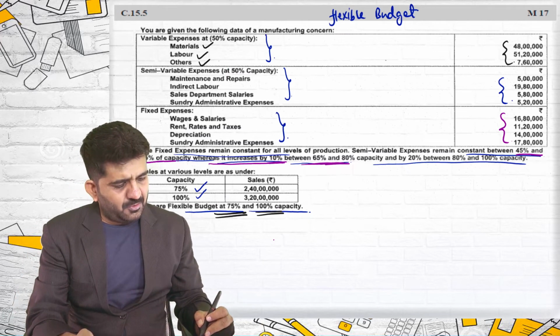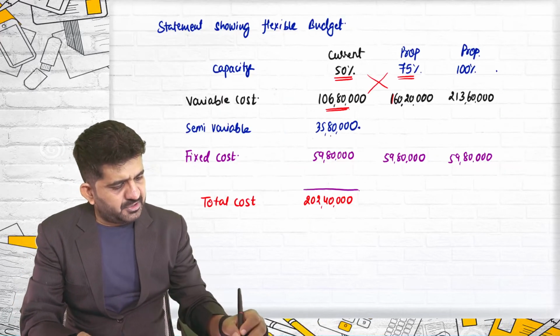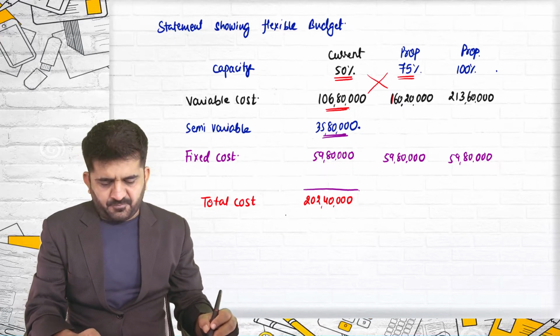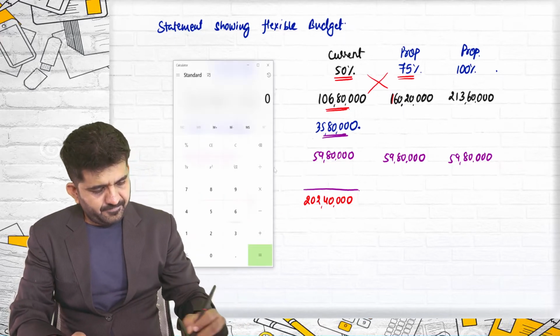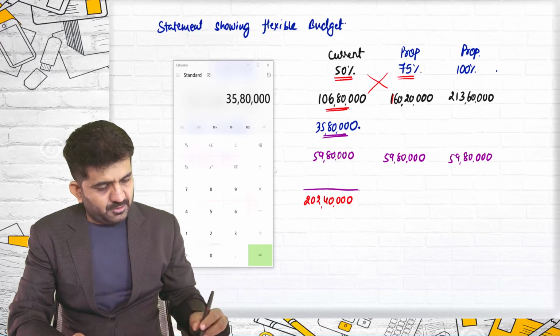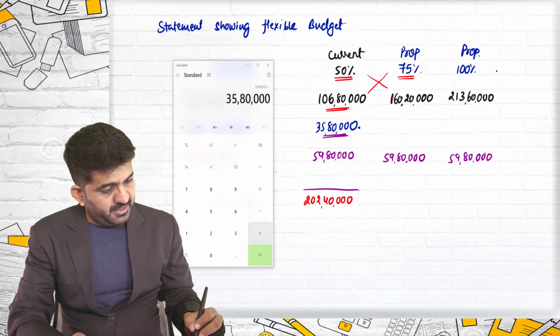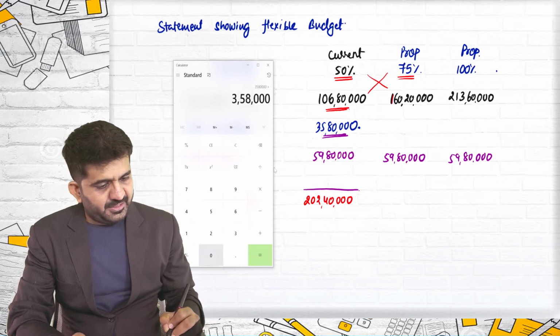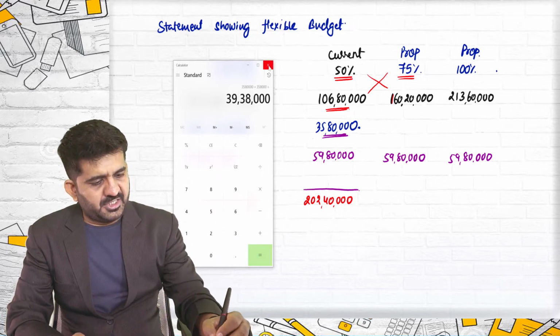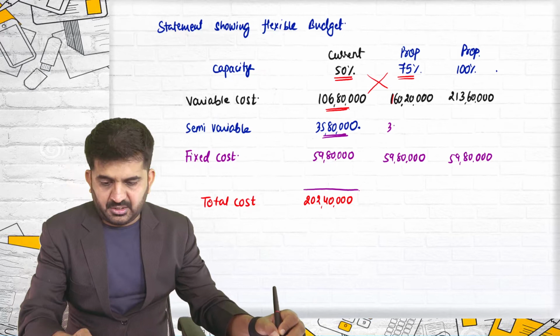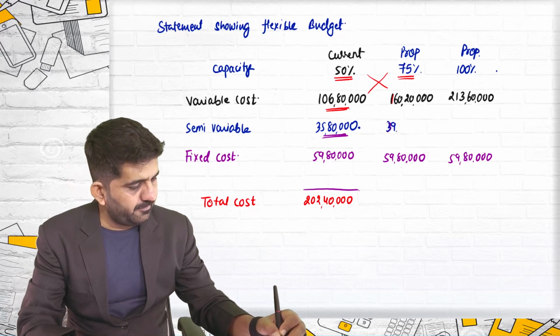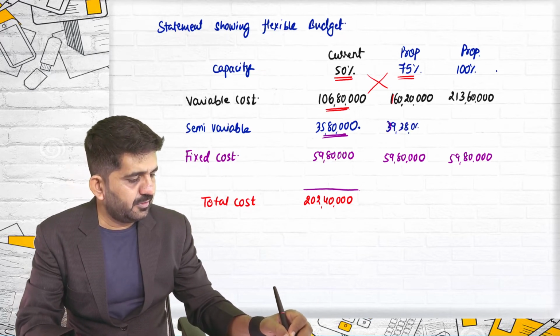So the semi-variable cost at 75% will increase by 10% from this: 35,80,000 plus 10%, plus 3,58,000, which is 39,38,000.